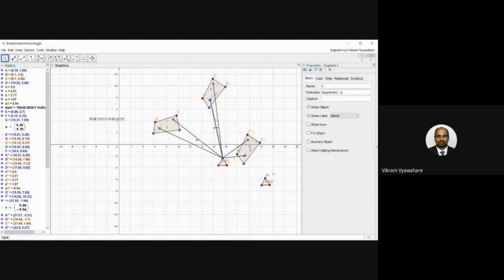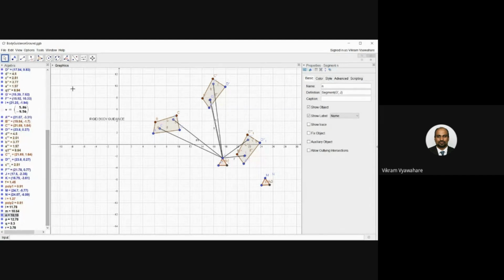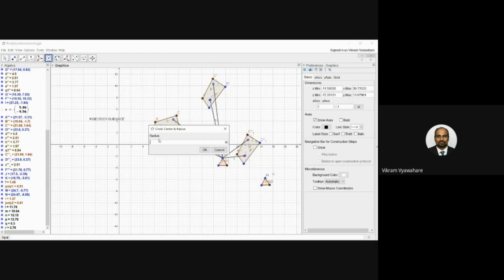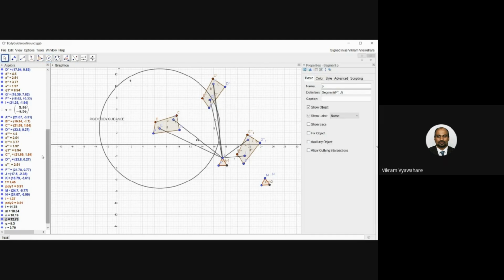So what I will do is take the length of this segment, 10.19. So I will draw a circle with 10.19 as the radius. So I have drawn this circle. Then this is the next link, 12.78.